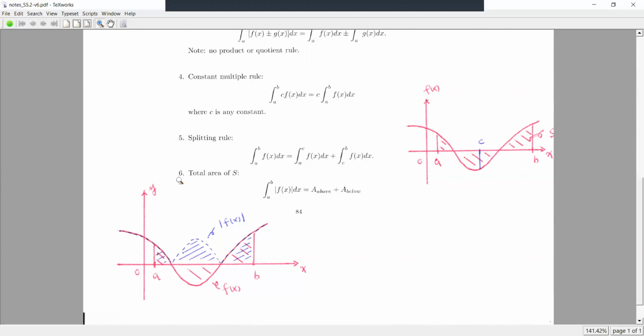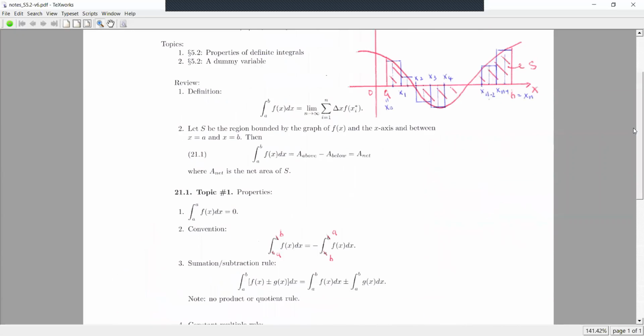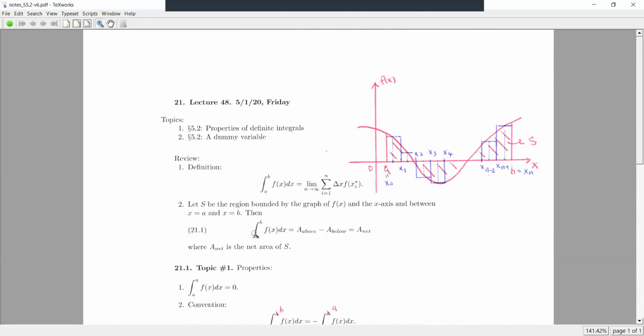Property number six, total area of the region S. Integral is net area: total area above the x-axis minus total area below the x-axis. But if we want to find the total area of the region S, total area, not net area, total area means the area above the x-axis plus the area below the x-axis.